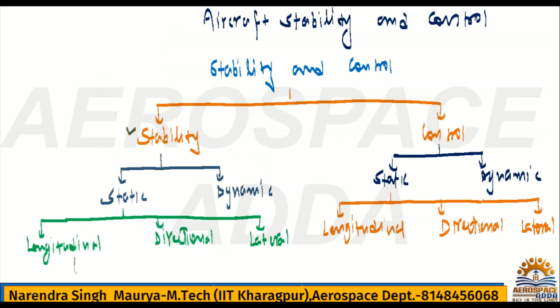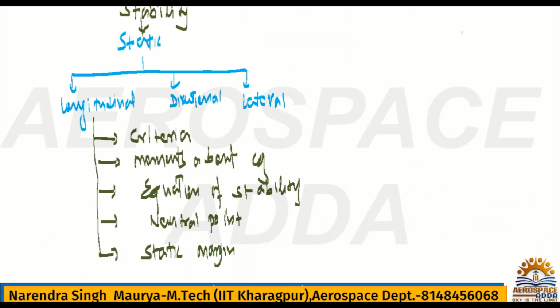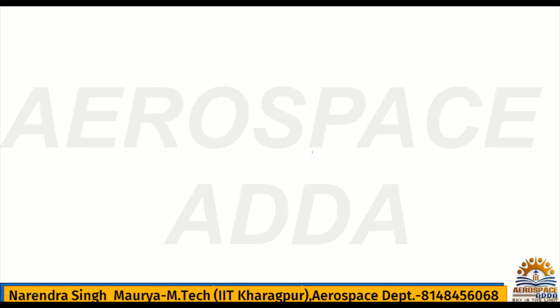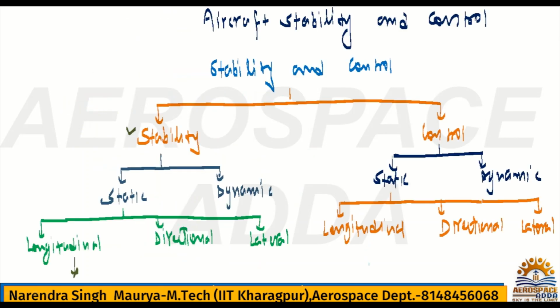So again, from stability, this longitudinal is expanded here. Similarly, in control also, it will be expanded. And when it is expanded, what will you get in control? If you check in control, we have longitudinal. So in control, basically we have static, and this static again is defined as longitudinal, directional, and lateral.